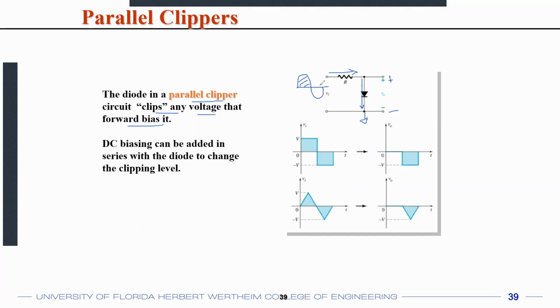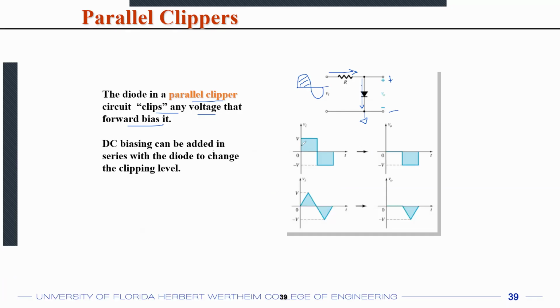That is the difference between the series clipper and the parallel clipper. In the series clipper case, when the diode is forward biased, you will see signal at the output. In a parallel clipper scenario, if the diode is forward biased, you'll not see anything at the output because the output is taken across the diode. If the diode is forward biased, it is shorted, and the voltage across a short circuit is 0.